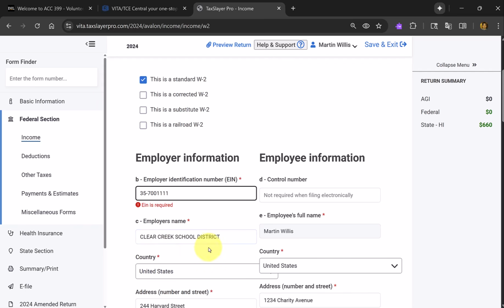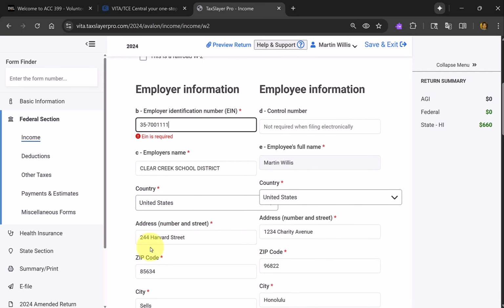And it's trying to pick up from a database what other people have used, yeah? And this is a different name. I see on the W-2 Roosevelt School District, but you know what? I'm going to keep this name just to make my data entry faster. But in a real life situation, make sure you enter the correct name that you see on the W-2 form.